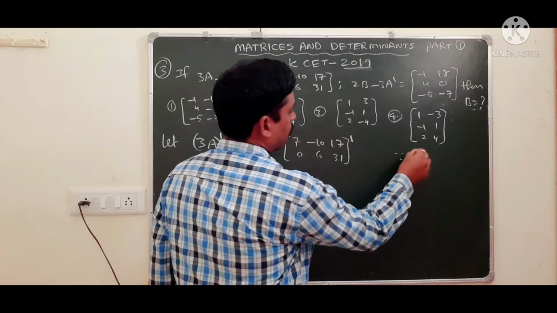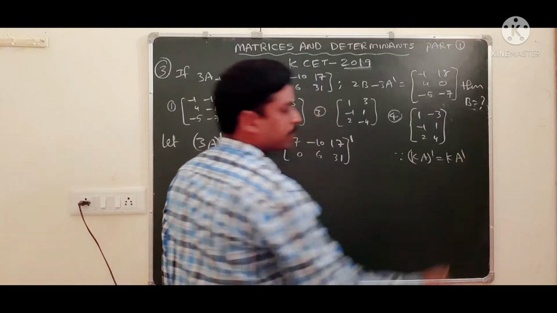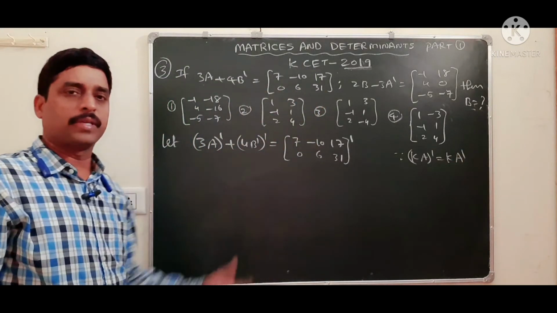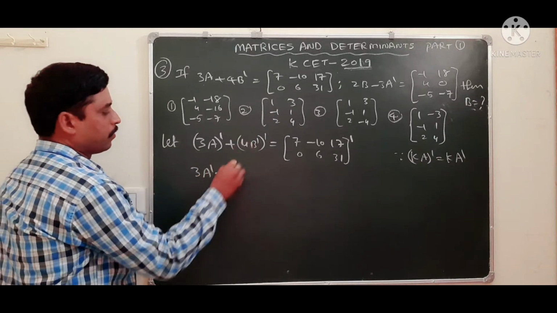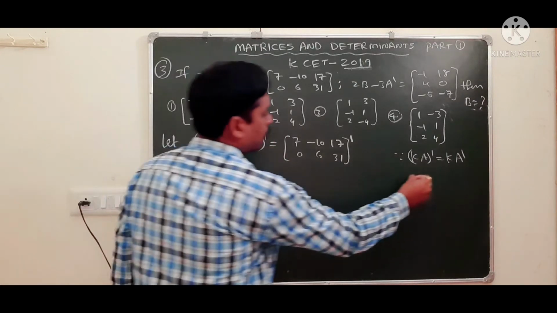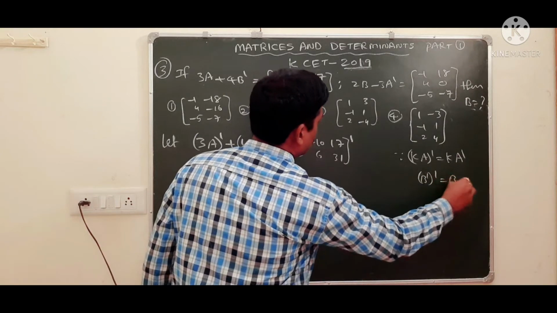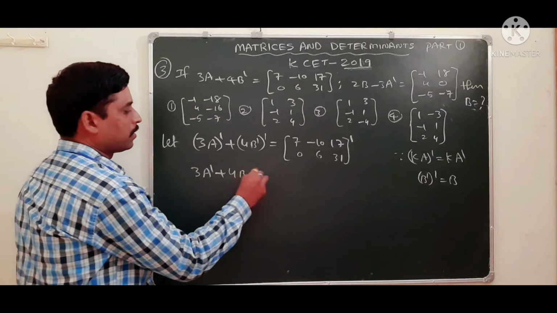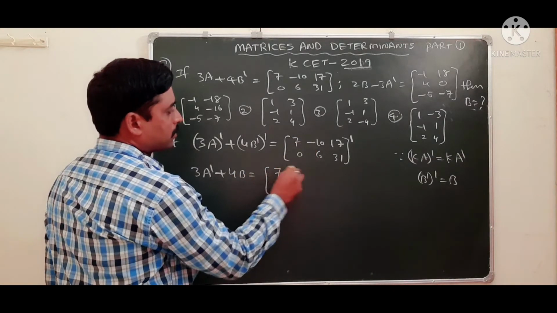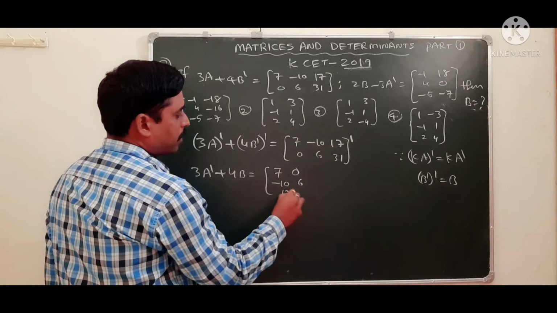We have the property that (kA)' equals kA'. According to this property, 3A' plus 4B' whole transpose, and the double transpose of B' is equal to itself, so (B')' is B. So 4B is equal to the transpose of the matrix 7, 0, minus 10, 6, 17, 31.